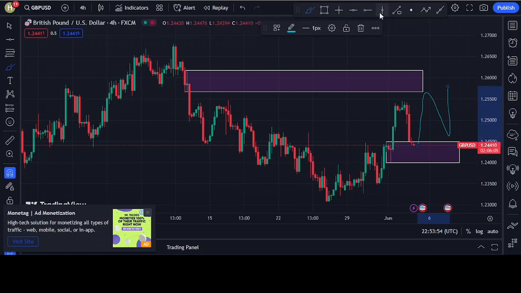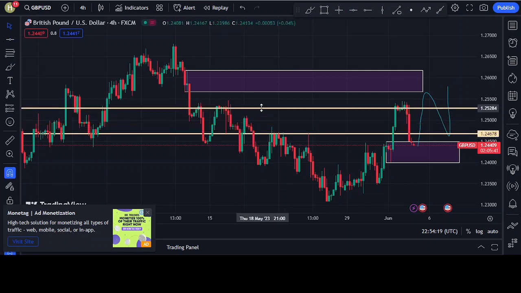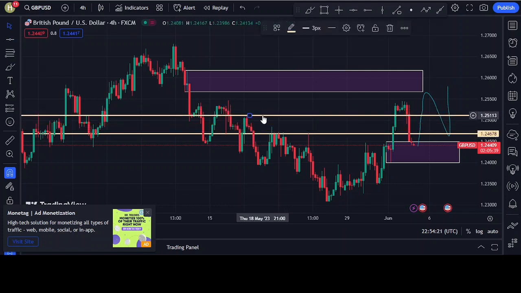We go back in time to see the previous. We can see this is a push, a drop, a push. Then this push broke this area, it even broke this area, and it broke this area as well.